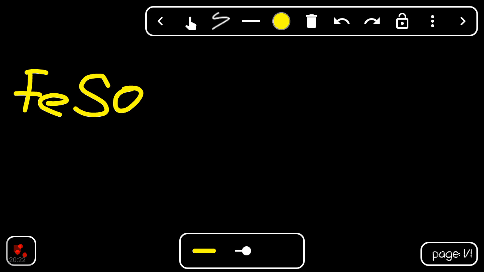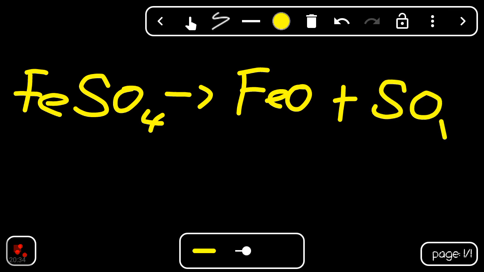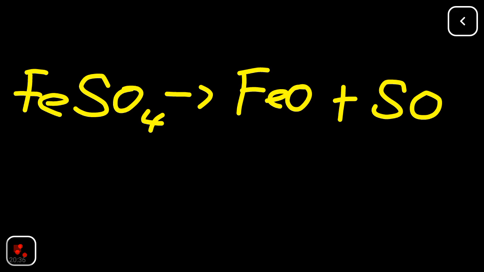It is actually iron 2 sulfite. When iron 2 sulfite decomposes, it gives an interesting thing: it gives out iron 2 oxide plus SO3. But it is also good to produce SO2 as well.